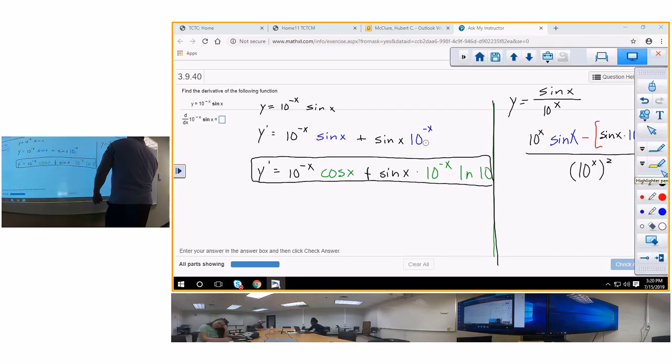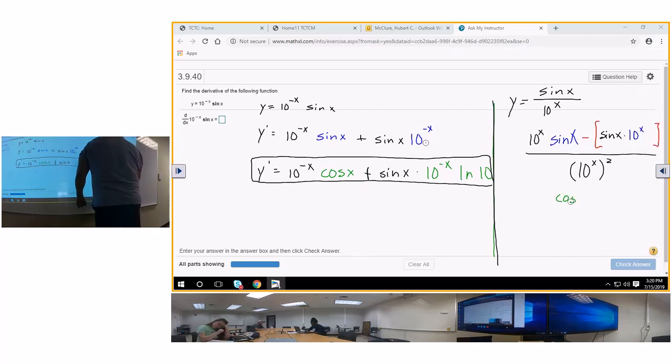So I'm going to go ahead and take my green marker. The derivative of the sine is the what? Cosine, and the derivative of 10 to the x is 10 to the x times the natural log of 10.